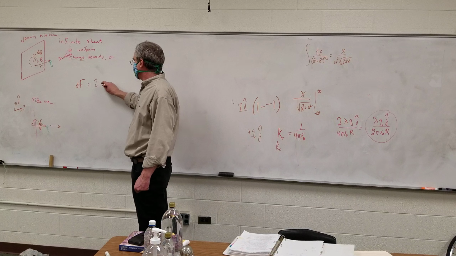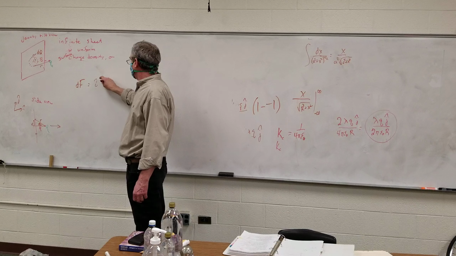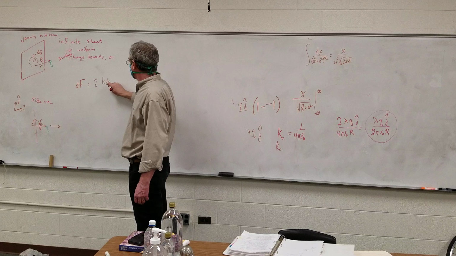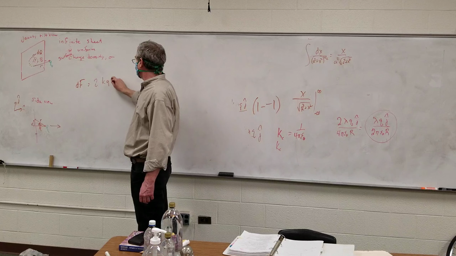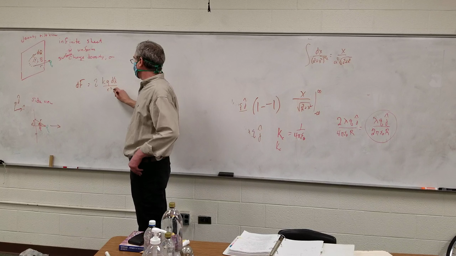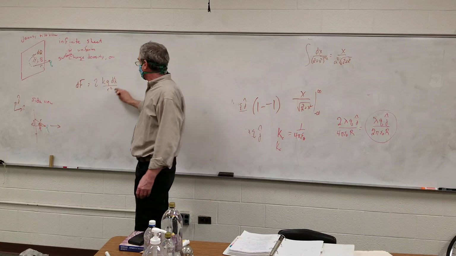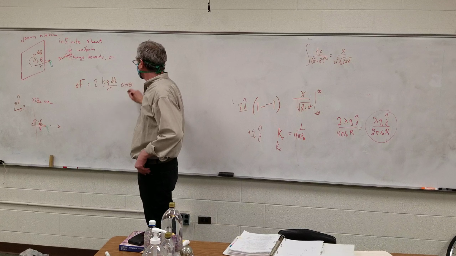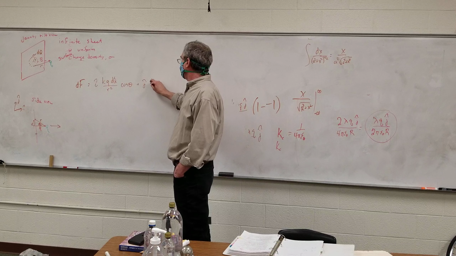So i hat k times charge 1 times charge 2 over the distance between them squared. And again, I want to care about just the horizontal component, so times the cosine of theta. And again, there is a j component piece, which we will do away with shortly.